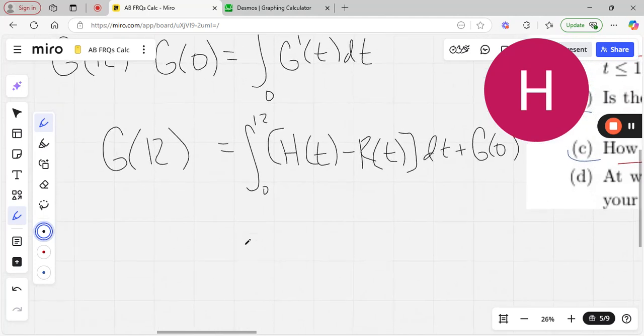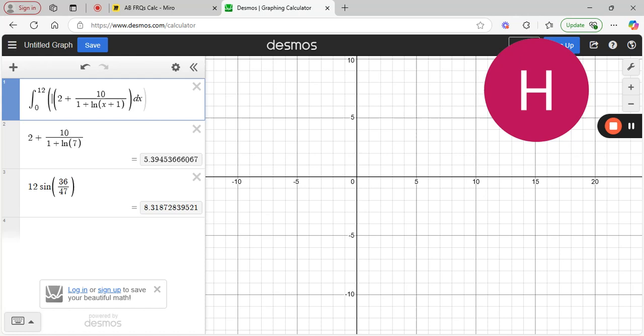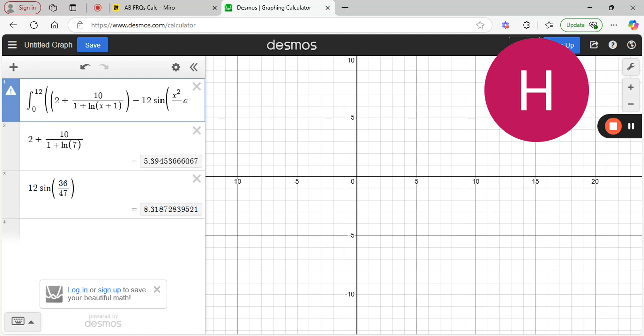Okay, so we can basically just plug this into the integral calculator. Let's do it. We're going to take the integral from 0 to 12 of the H of t we already have, 2 plus 10 over 1 plus ln of x plus 1. Now we're just going to subtract 12 sine of x squared over 47.